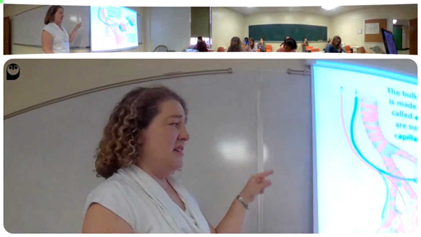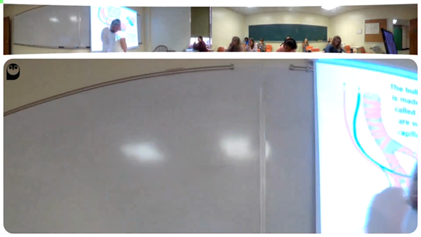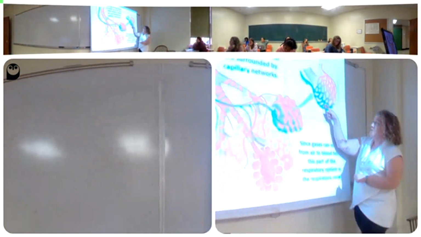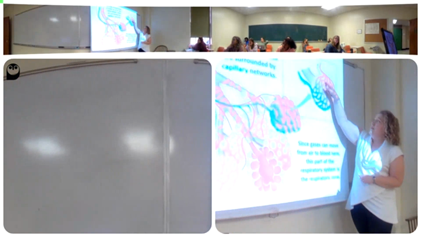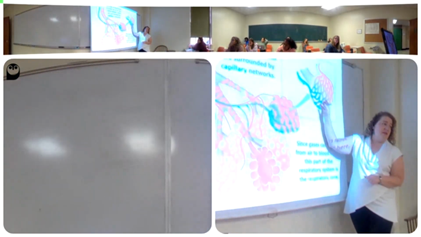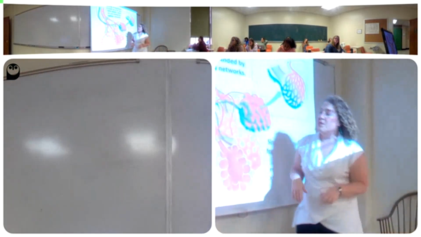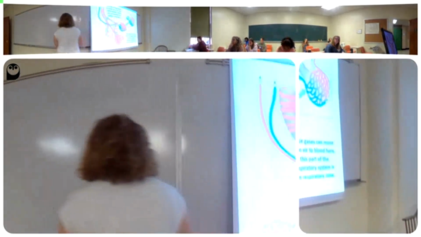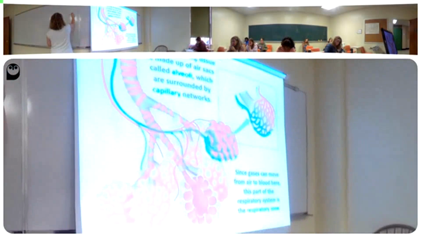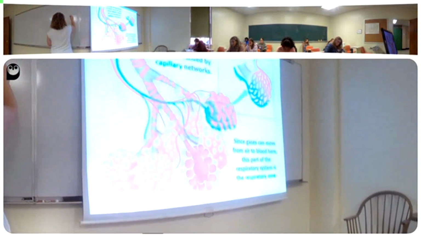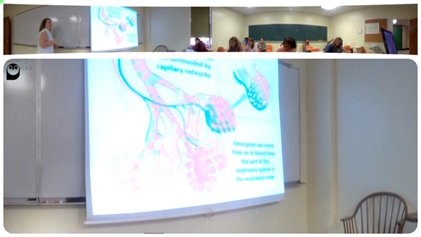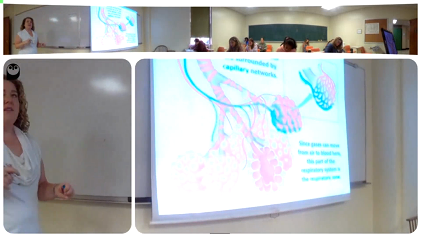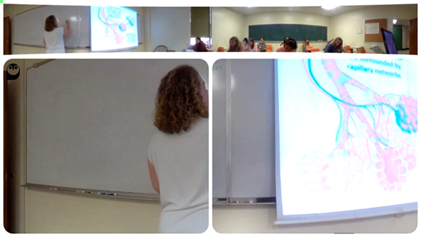As the air is coming in and out of these air sacs, they have super thin walls, and on the other side of the epithelial wall, there's capillary networks. So these are the pulmonary capillaries around the air sacs. And the pulmonary capillaries are the point of the whole pulmonary circulation.